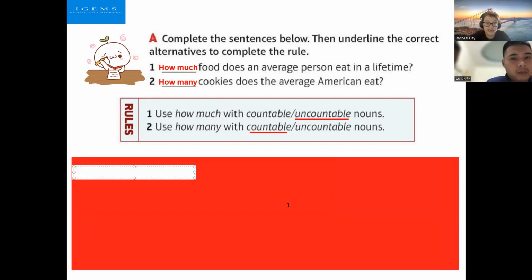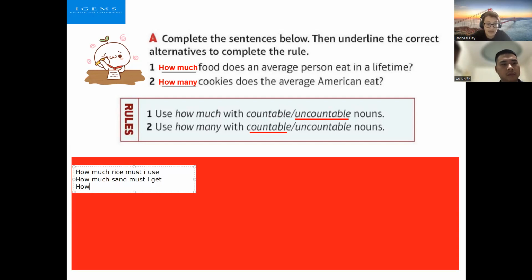So if I say, how much rice must I use? How much sand must I get? How much candy must I buy? See, there is no S at the end of the word.